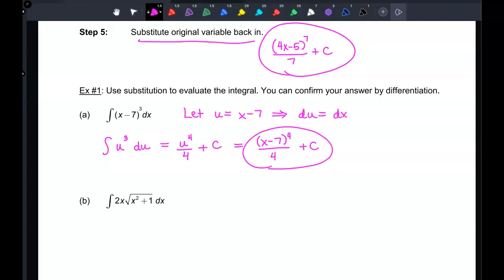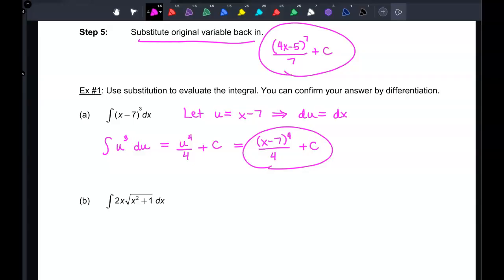This one, technically, you could do with a shortcut. As long as the derivative of the inside is 1, then it will always work out really nicely. But again, that worked out nicely because the derivative of the inside was 1, so du is equal to dx.